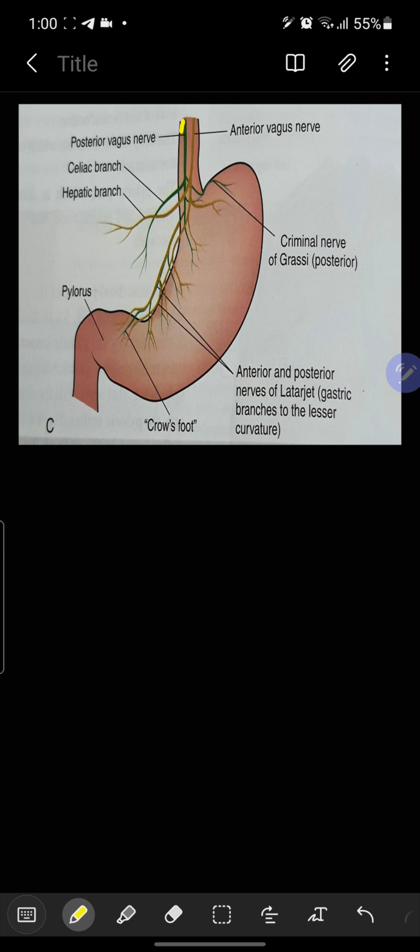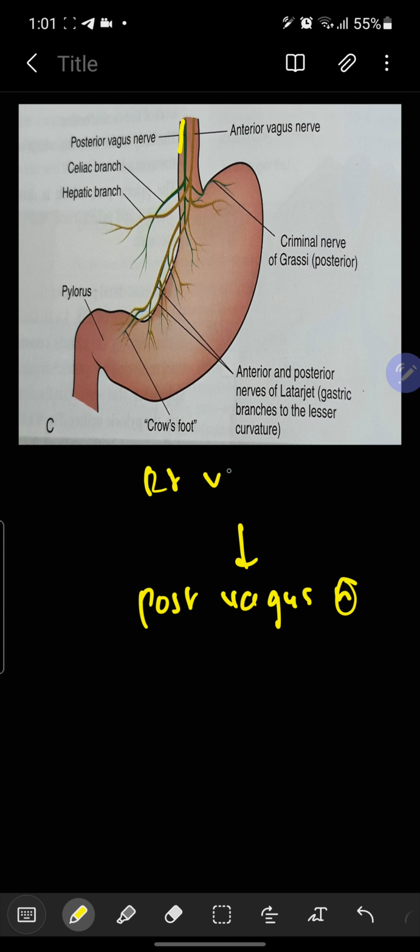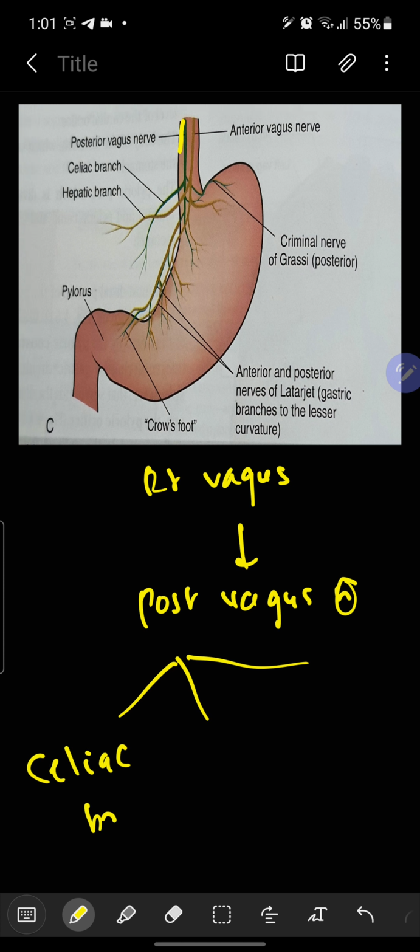So here you can see the posterior vagus nerve, which is a branch from right vagus. The posterior vagus branch gives rise to 3 branches: celiac branch, gastric branch, and criminal nerve of Grassi.